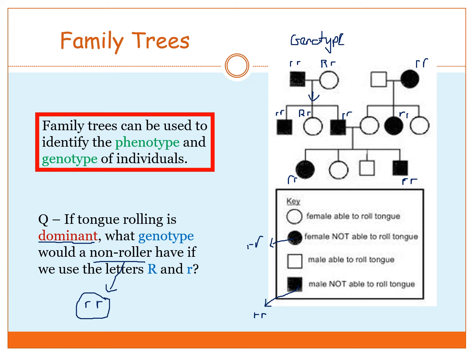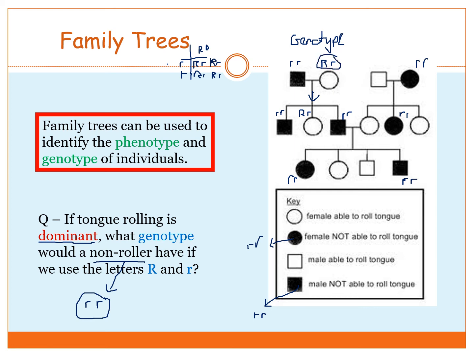Because if you crossed big R, big R with small r, you'd get all big R, small r, so all of your offspring would therefore have to be white, and that is not the case. Some of them are black. So it has to be 50-50. So it has to be heterozygous.